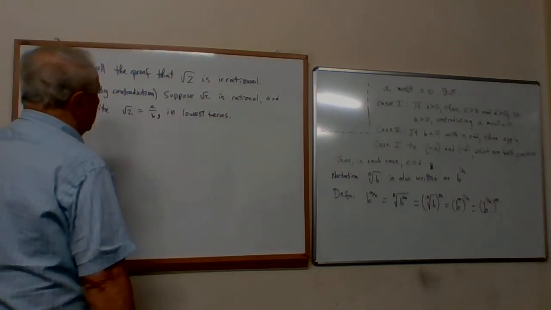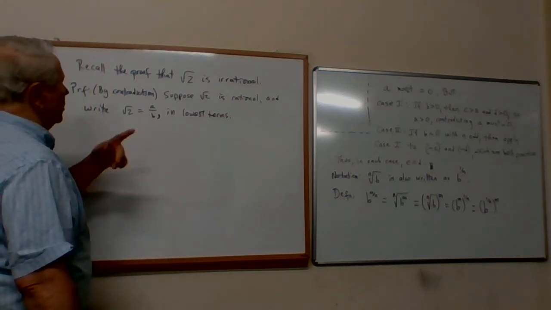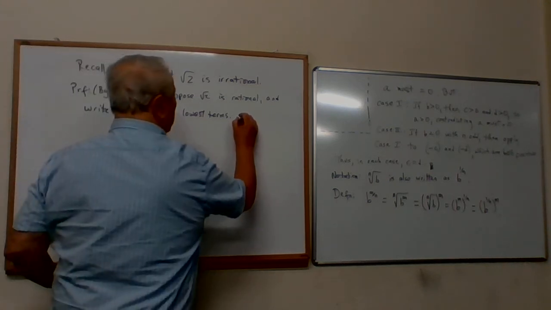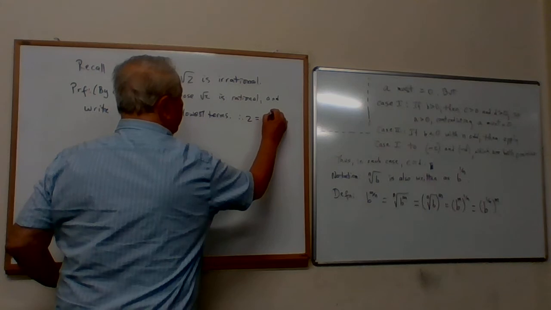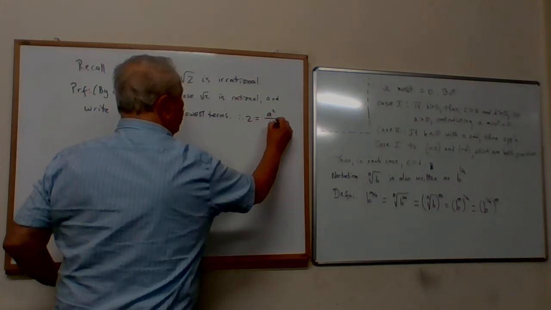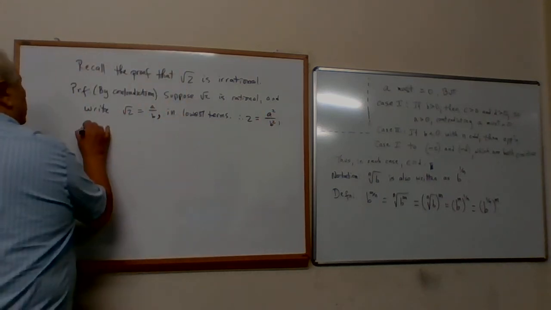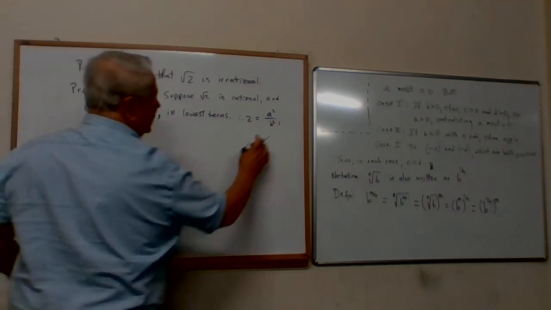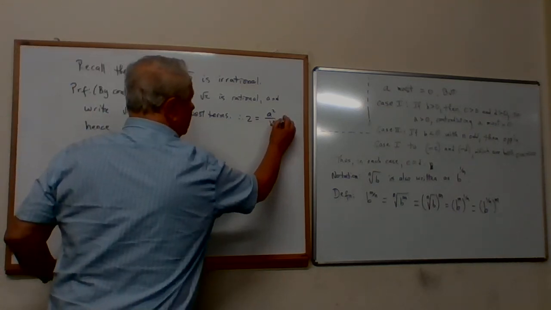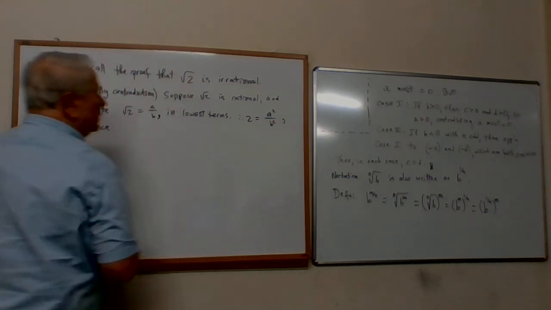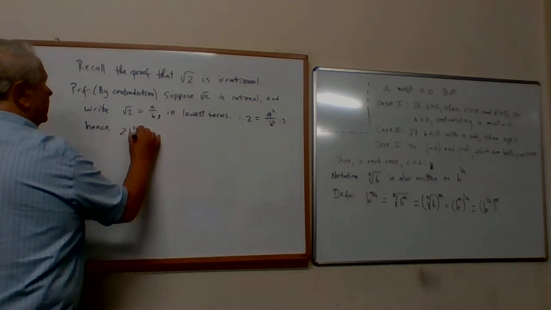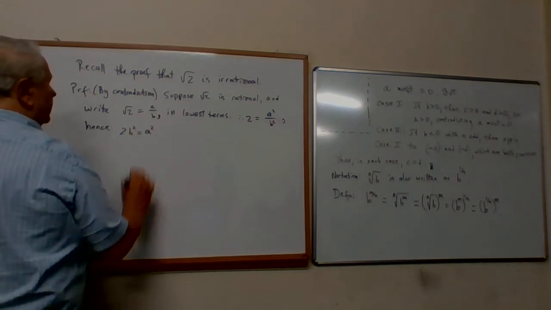Okay. Now, square both sides to get rid of this square. So therefore, 2 equals a squared over b squared. Hence, clearing the fraction, 2b squared equals a squared.